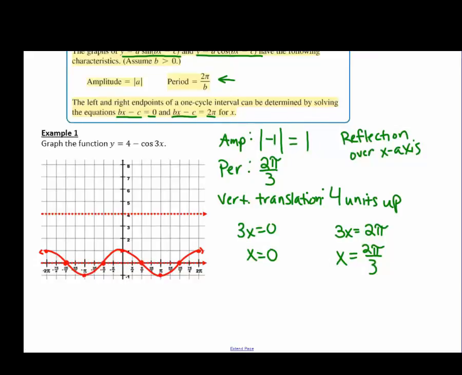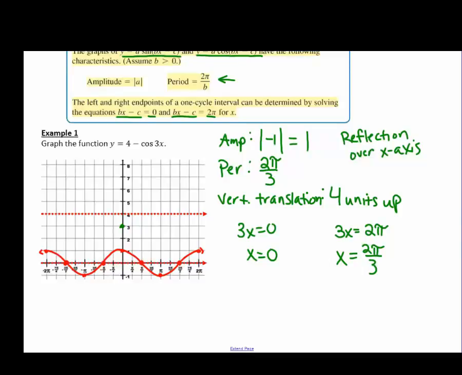So now we're going to graph the new function that we've created. Okay, and so we know that our center line is at 4. We know that we have reflected over the x-axis. So instead of starting above our line of reflection, we're going to start below. Our amplitude is still just 1, so we know that our first point is going to be the point 0, 3. And our period is 2 pi over 3. So we've already shifted 4 units.